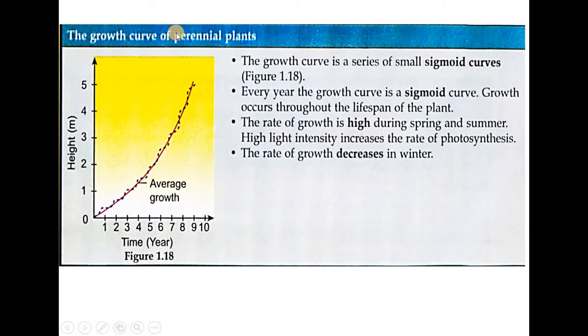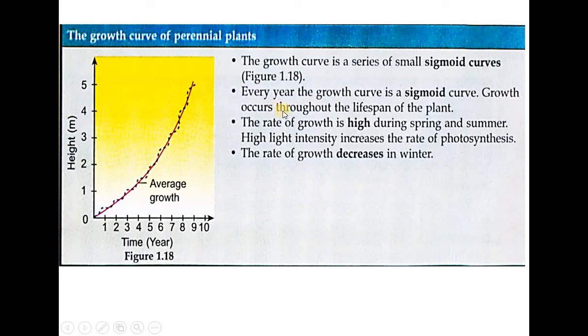Now the growth curve of the perennial plant. Perennial plants have a longer lifespan, right? So the growth curve is a series of small sigmoid curves. Every year, the growth curve is a sigmoid curve.